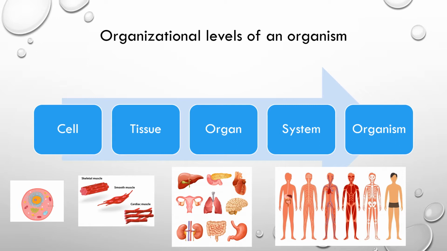So in a multicellular organism you see a tissue or organ level organization. These are the basic levels you see in an organism when you consider its organizational structure.